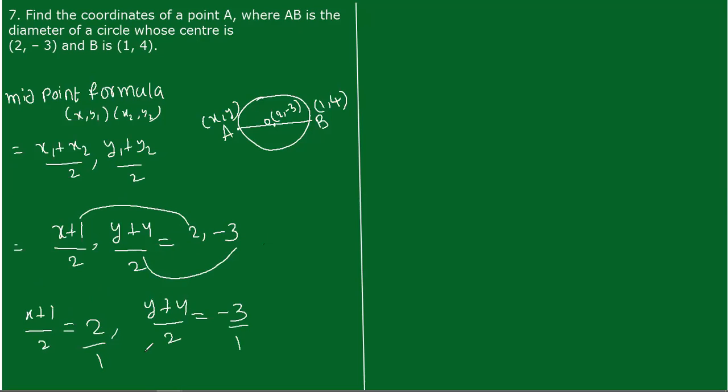By 1, do cross multiplication. So here we get x plus 1 is equal to 4, and on the other side y plus 4 is equal to 2 into minus 3 minus 6. So here x is equal to 4 minus 1, and y is equal to minus 6 and minus 4.